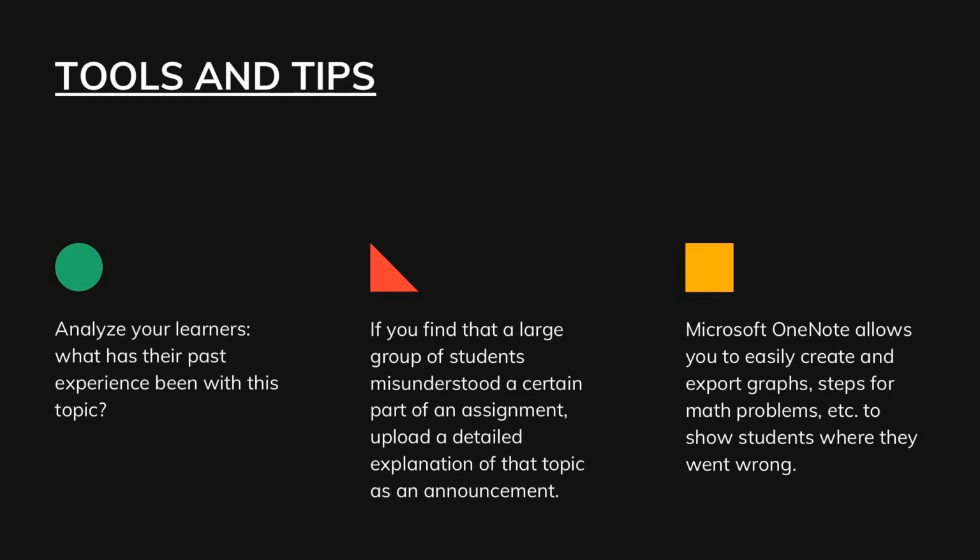Oh, they did it too. Oh, yeah. So we're seeing the same issue come up and the same misunderstanding. So instead of copying and pasting your feedback from one student to another, if you find that a bunch of students misunderstood a topic, just respond to that.